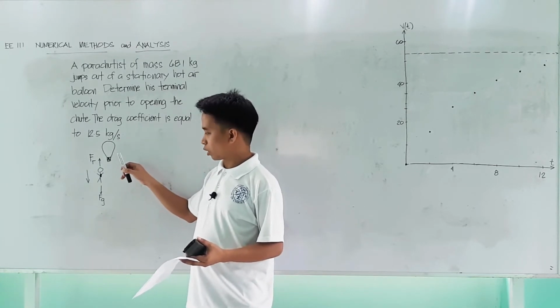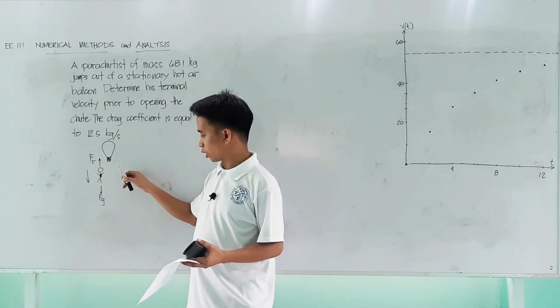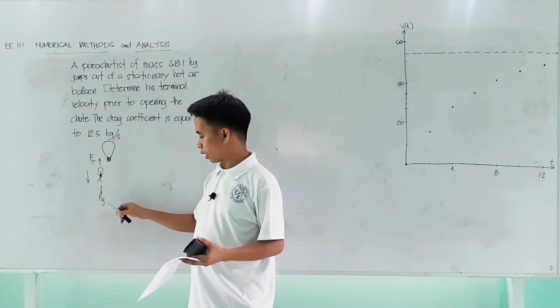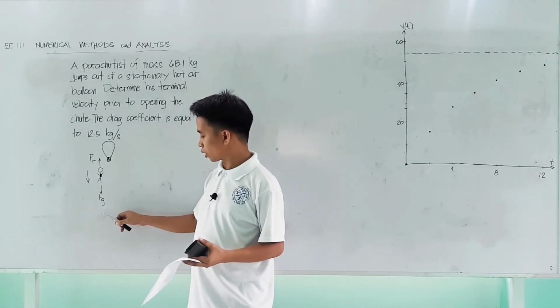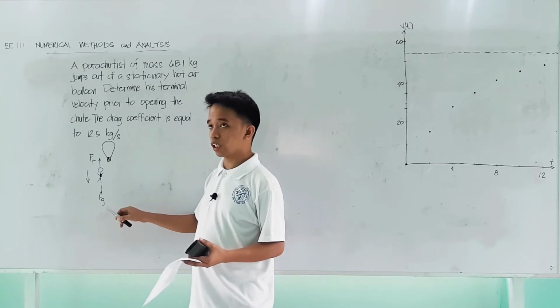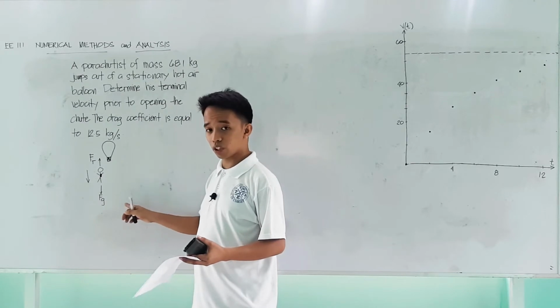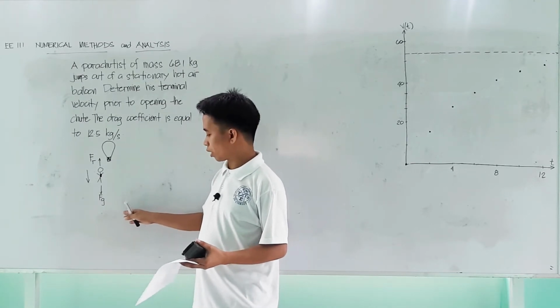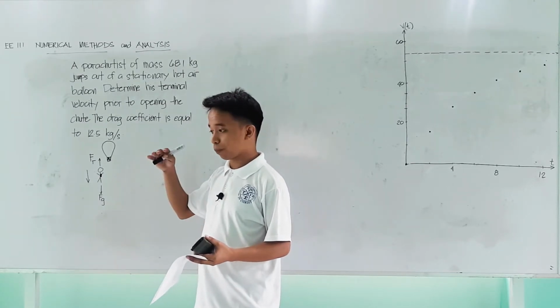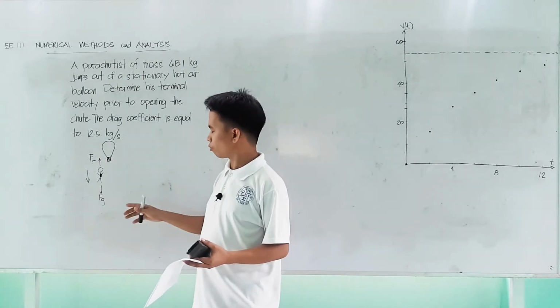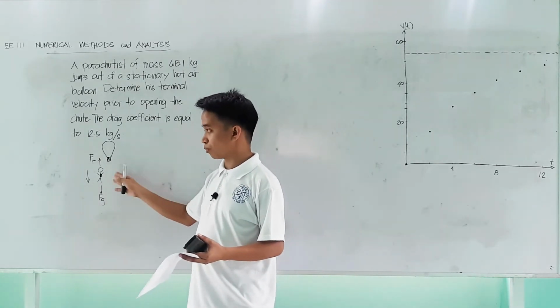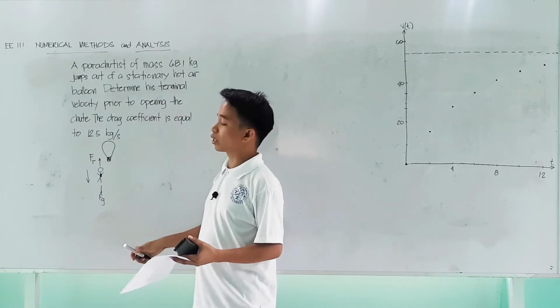Or in other words, his velocity increases until it reaches the velocity at which it won't increase anymore, or it reaches a constant velocity. So that constant velocity, the upper boundary of the velocity of the free-falling object, that's what we call the terminal velocity.